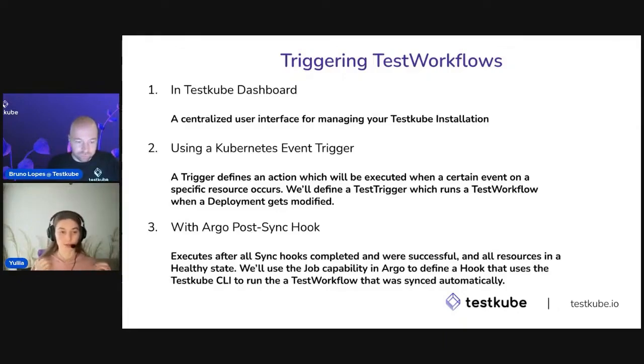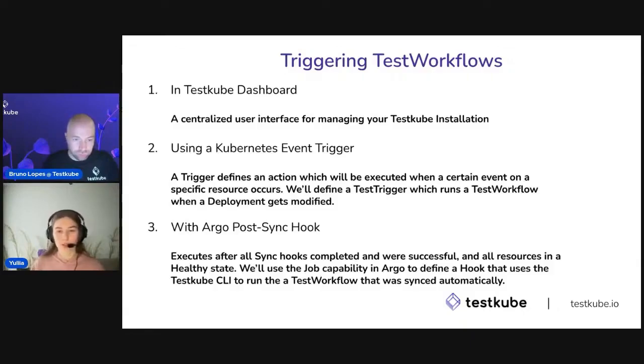You can provide environment variables, resource requests and limits, the security context, and so on and so forth. To read more about test workflows and how they work, you can visit our documentation page.